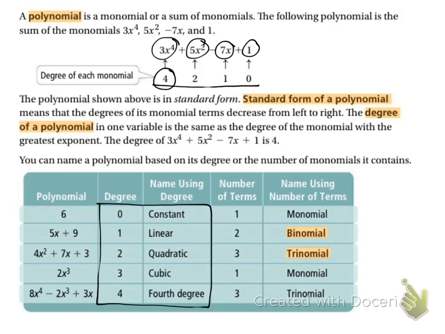Then, based on the number of terms, here's our table. If there's one term, that's what we looked at the beginning, that's a monomial. If there are 2 terms, that's a binomial. If there are 3 terms, it's a trinomial. Bi means 2, tri means 3, tricycle, triangle, that kind of thing. And if we have 4 or higher, so 4 plus, that's just a polynomial.